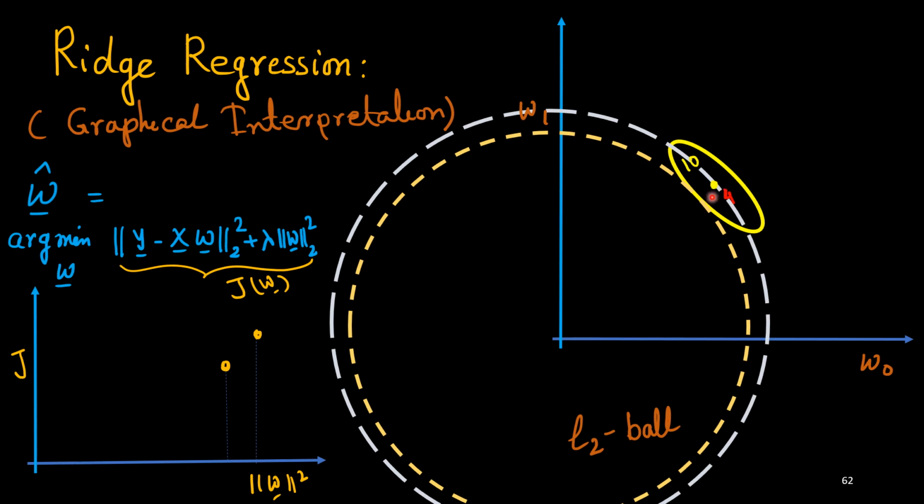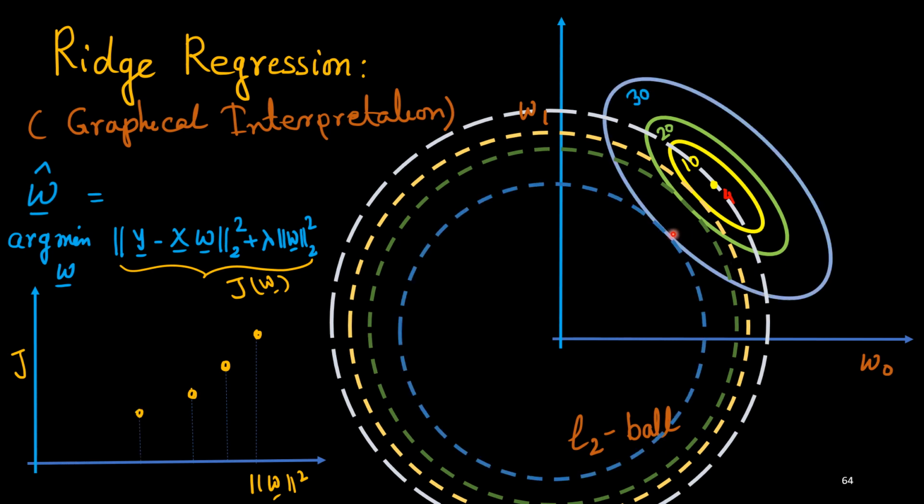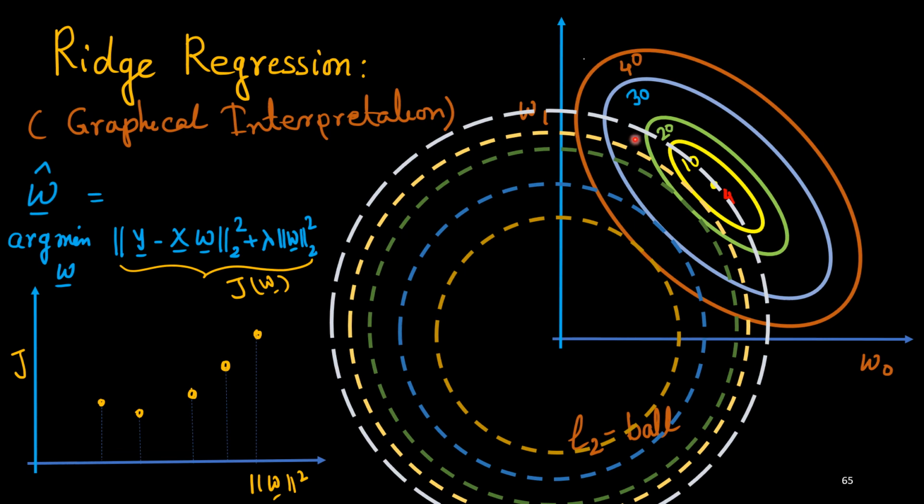If you move from this to this side, initially it will reduce because this part is reducing drastically. So next 20, the error is reducing. Next, the error is reducing. Then it can happen that if I go further, at 40, this radius squared times lambda plus this 40 can be more than this one.